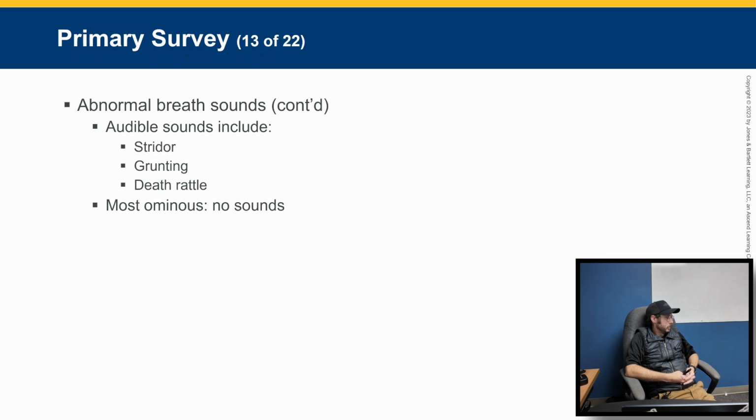Grunting is a thing too. Grunting is like harder work. In pediatrics, grunting is a way for them to increase their PEEP. Same thing with pursed lips. Adults usually do pursed lips. Peds usually do the grunting.